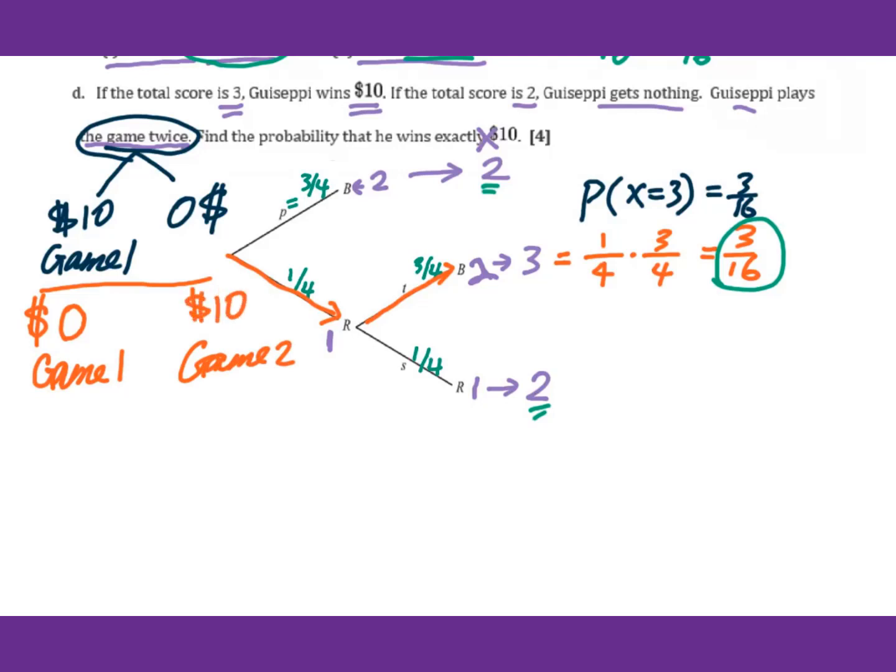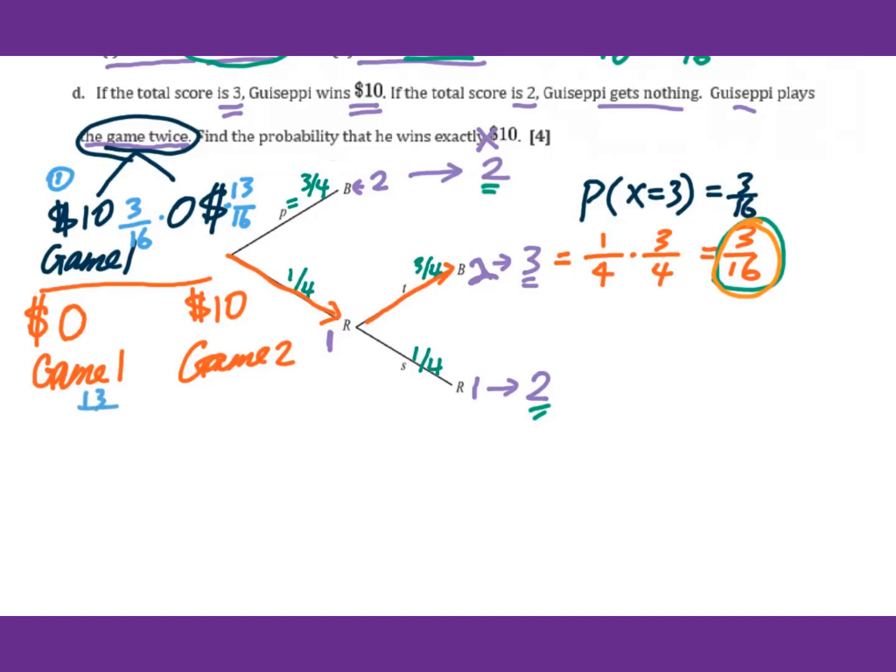The probability winning $10, you have to get score 3, which means the probability will be 3 over 16. The first situation, this probability will be 3 over 16. $0, that probability will be 13 over 16. You do multiplication, then adding.